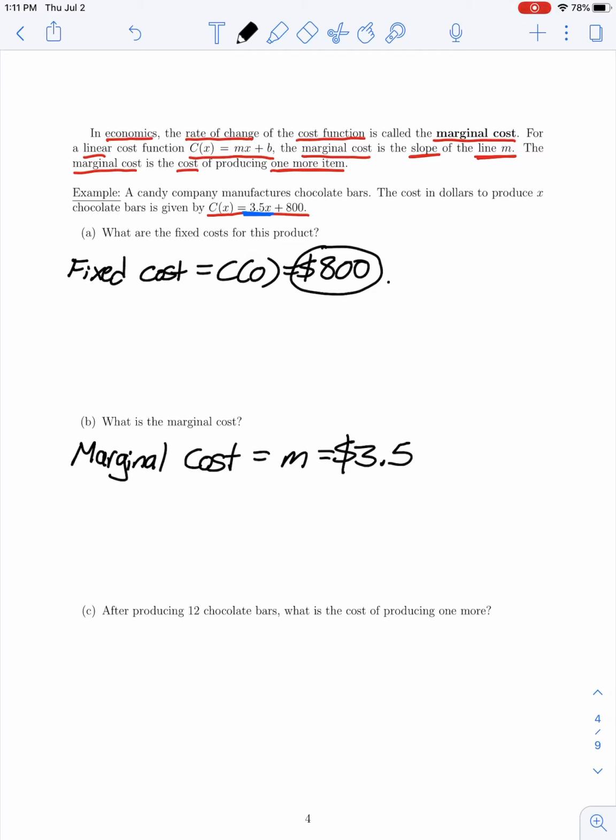So it costs $3.50 to produce each chocolate bar here. And in part C, we are asked, after producing 12 chocolate bars, what is the cost of producing one more? Well, we said that's also given by the marginal cost.